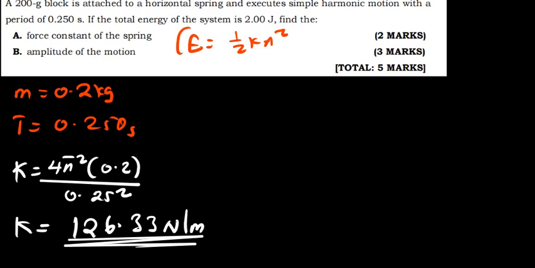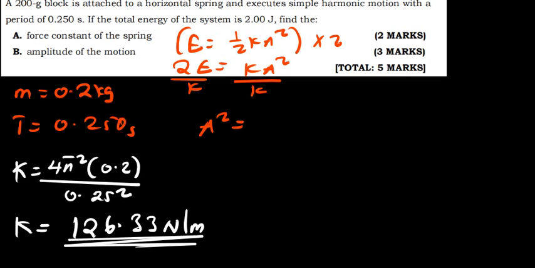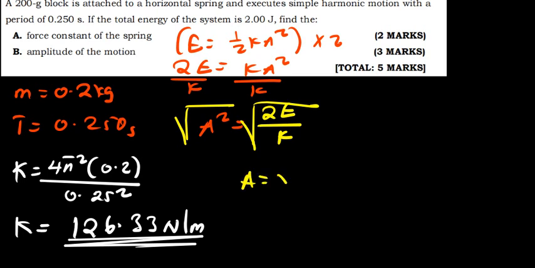To get rid of the fraction, multiply by 2 everywhere, so 2E is equal to k A squared. Divide both sides by k. Therefore, A squared will be equal to 2E divided by k. Now we square root both sides, and A will be equal to the root of 2E divided by k.